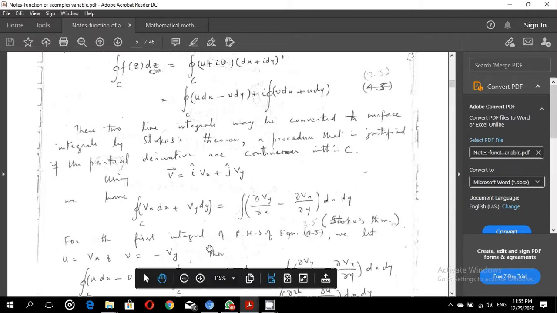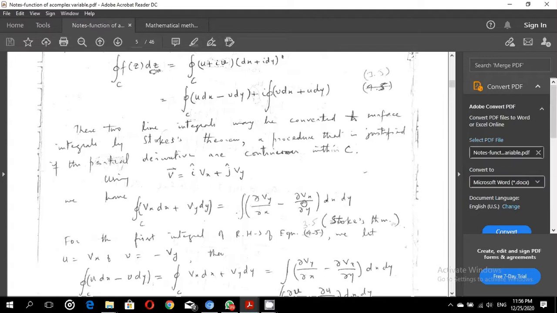So if we take Vx equal to u and we take Vy equal to minus v and apply this over here, then the real part of this integral is equal to this, and then by the CR condition, this term is equal to this term.